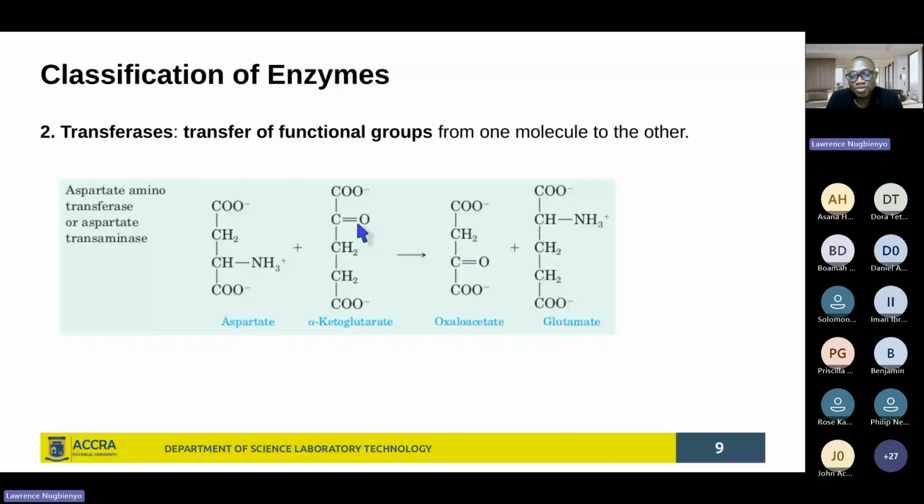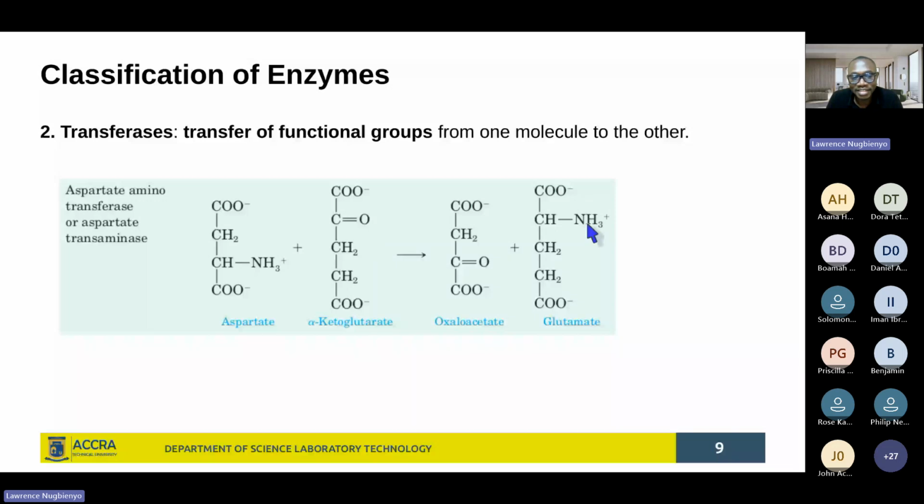And if you also look at glutamate, compare glutamate to alpha ketoglutarate, you will see that in place of the C double bond O in alpha ketoglutarate, you have NH3 plus.